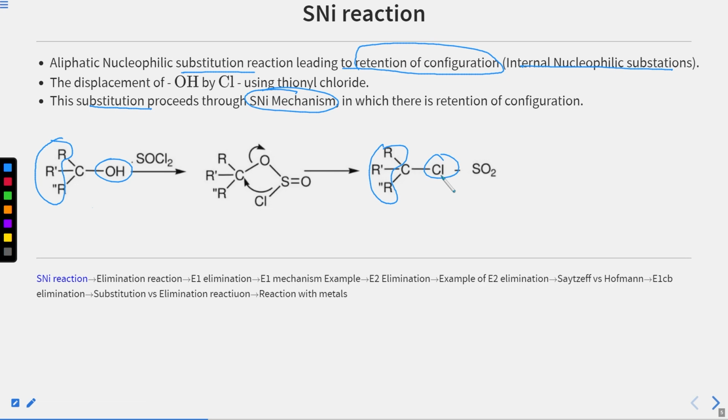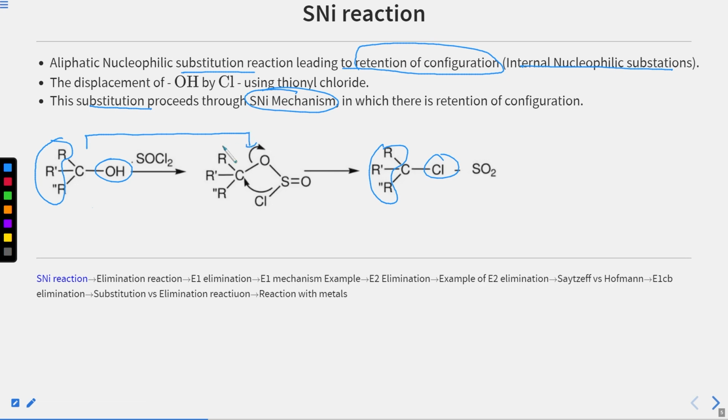To begin the mechanism, first the O of the OH attacks the SOCl2 and Cl leaves. In this first attack, is there any change of configuration?